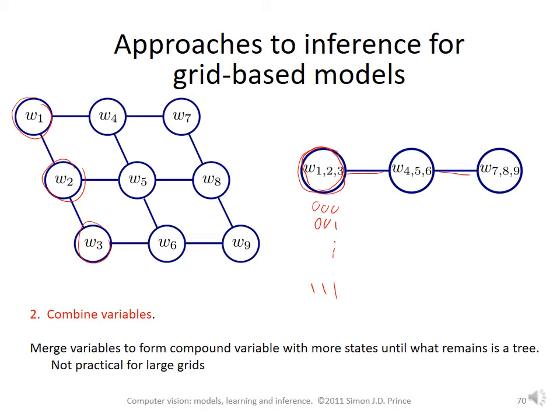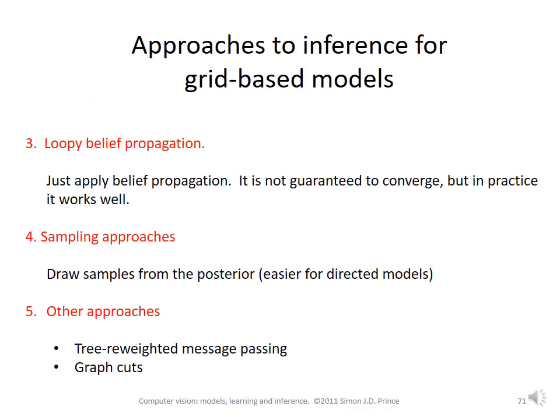Of course, each of these mega nodes has a larger number of discrete variables than if we just had 0 or 1 at each of the originally occurring nodes. So this is actually completely valid, and it allows us to perform MAP inference using the dynamic programming that we've already learned. It's not always possible, of course, because you might end up creating mega nodes that have far too many combinations, and this list might grow to be intractably long.